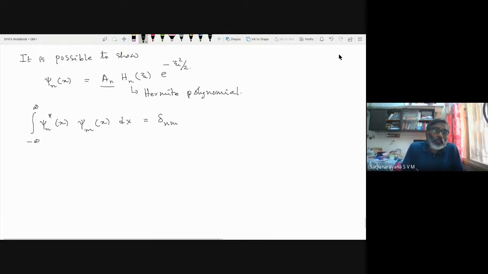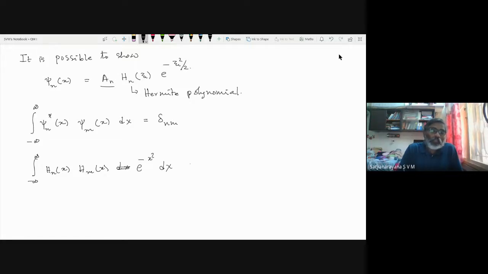Now if you ask the question, if I take the integral from minus infinity to infinity of Hn of x into Hm of x dx, for arbitrary n and m, you cannot establish square integrability, but you have to assume that there is a weight function e to the minus x square and dx.